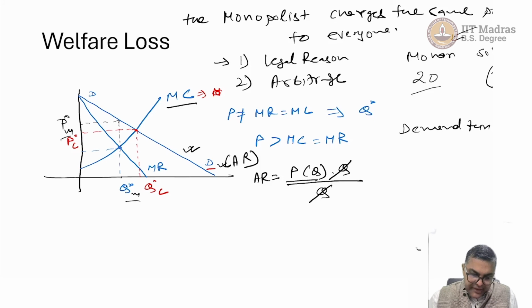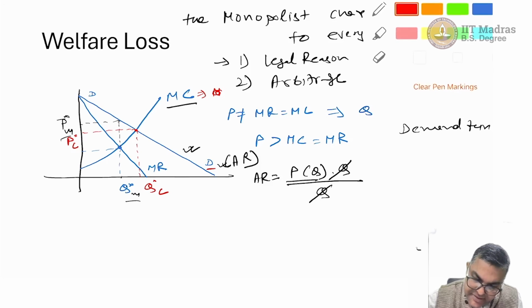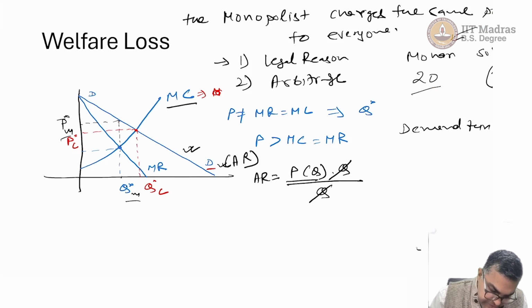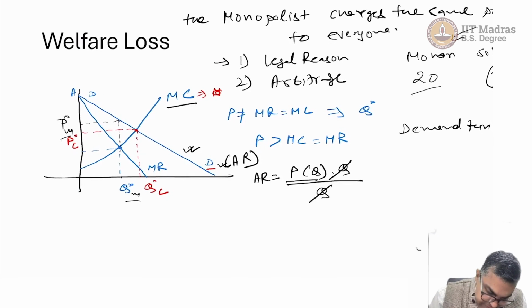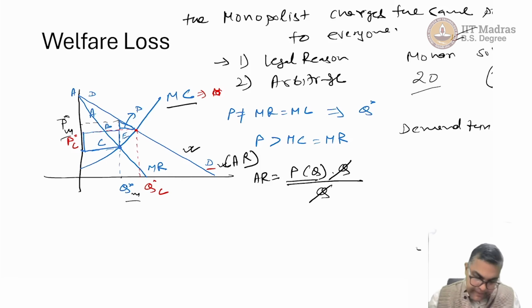Now, if we name these areas for convenience, this area is let us say A, this area is B, this area is C, this is D, and this is E. So in a perfectly competitive market, how much is the consumer surplus?